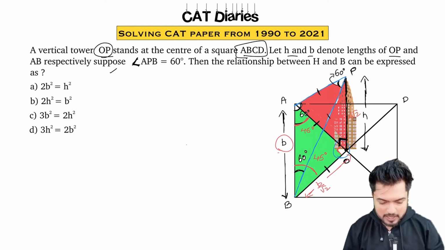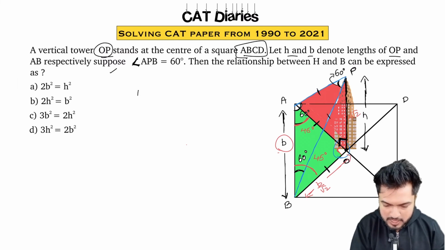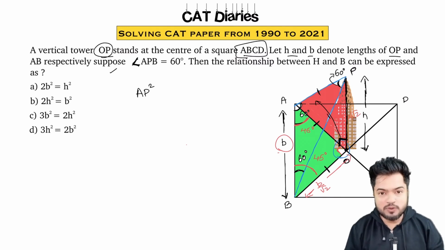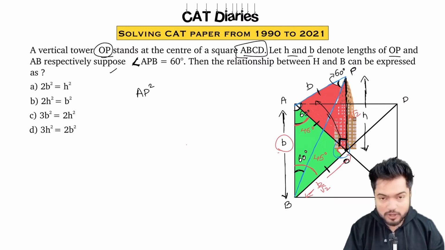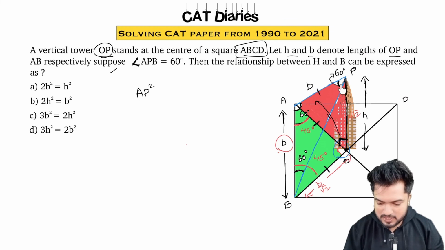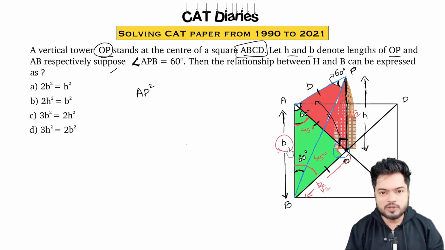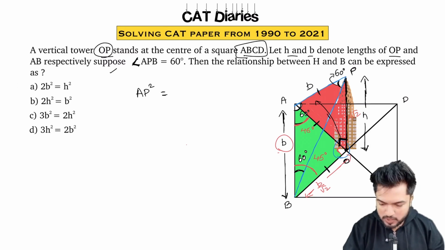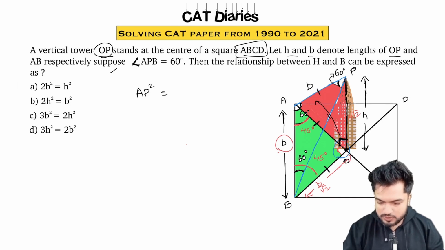So now I can apply the Pythagoras theorem here. AP square, the side opposite to the right angle, is equal to b, because this is an equilateral triangle. This is an equilateral triangle, so all three sides would be equal to b. So AP square is equal to AO square, which is this one.